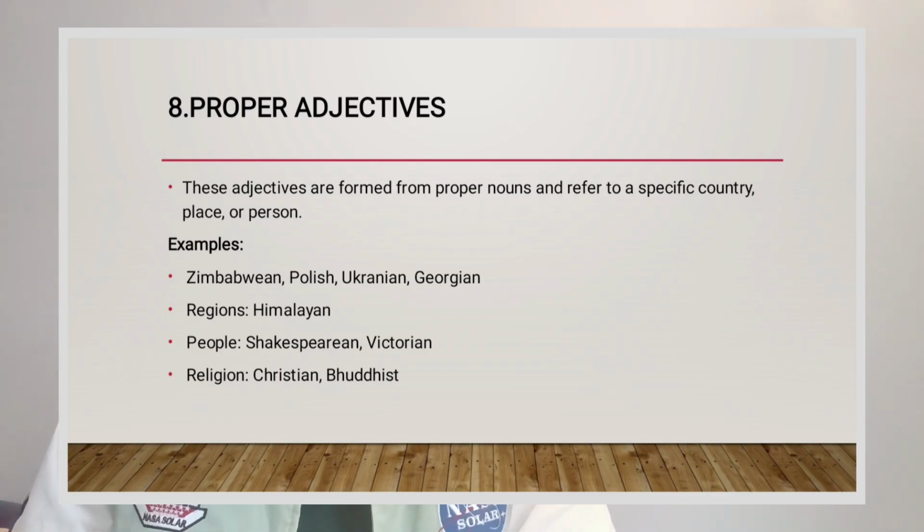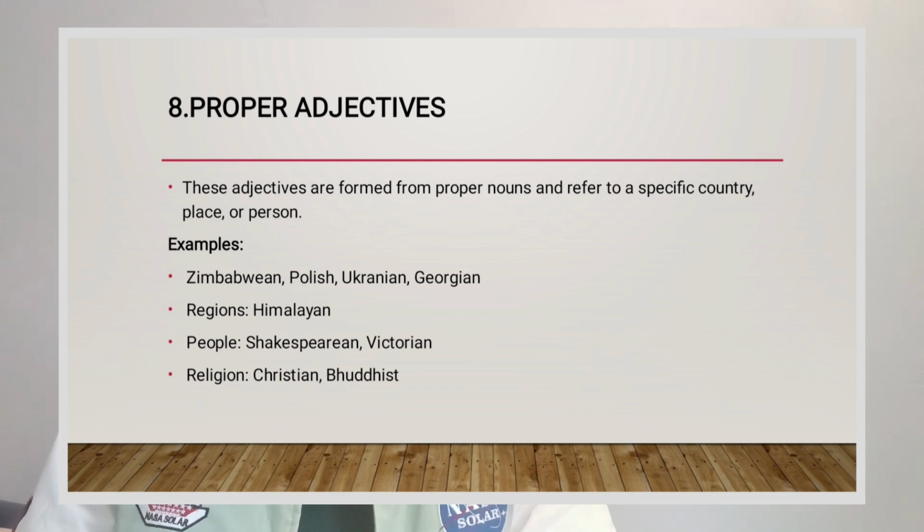So these are formulated from proper nouns, or we could say in the language that we know, these are inflected nouns, so that they become proper adjectives. So these are proper adjectives from proper nouns.